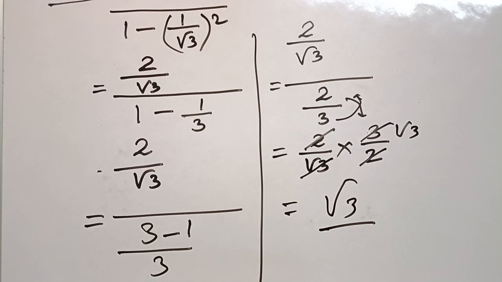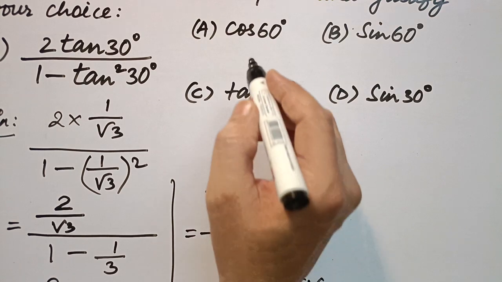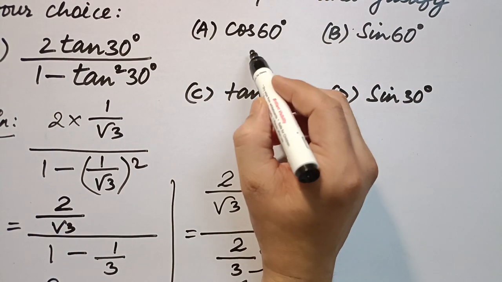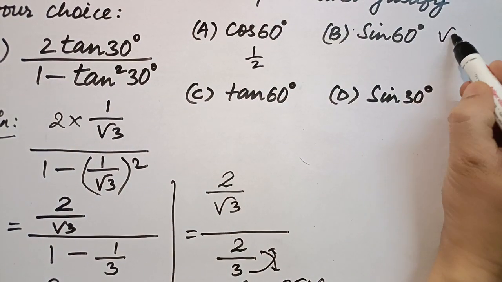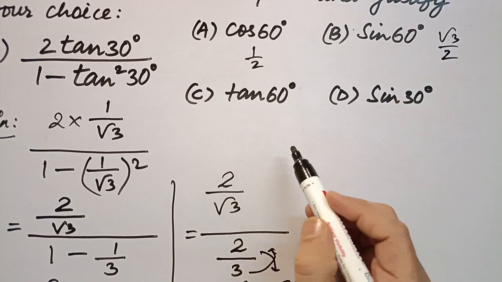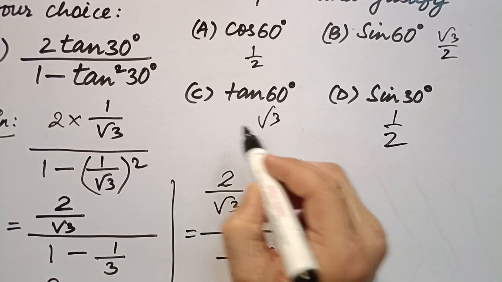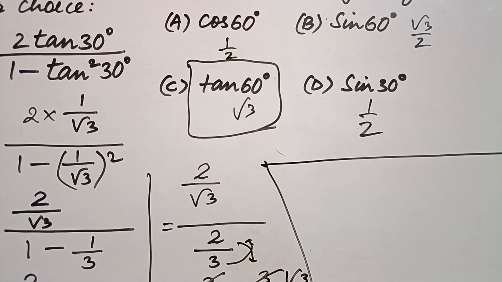Let us check the value of these 4 options now. Cos 60 will be 1 by 2, sin 60 is root 3 by 2, tan 60 is root 3 and sin 30 is 1 by 2. So tan 60 is correct from these 4 options.